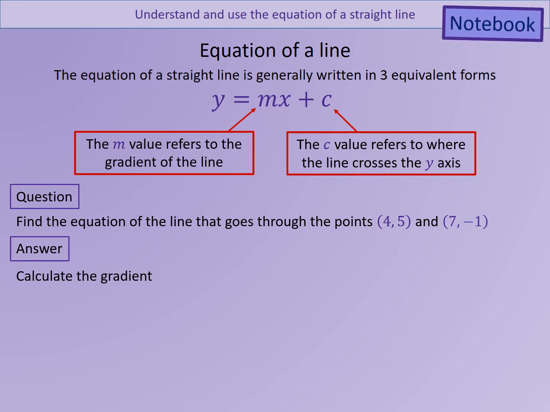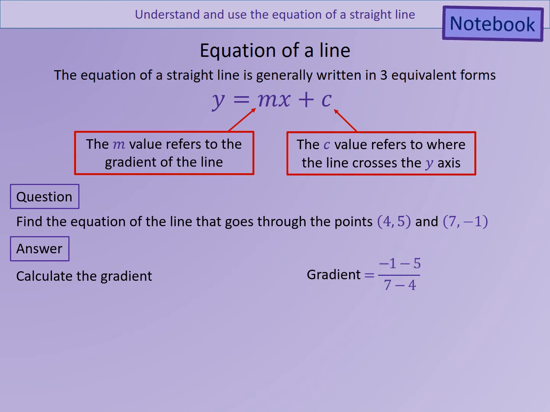That's going to give me my m value, and I'm going to do it using the method that we saw on the previous slide, but this time, because we're a little bit more advanced in this method than perhaps we were before, I'm not going to draw a diagram. I'm just going to use my coordinates, look at the values and use those. Remember, the negative or positive gradient will come out from the maths. You don't have to draw a diagram to determine whether it's negative or positive.